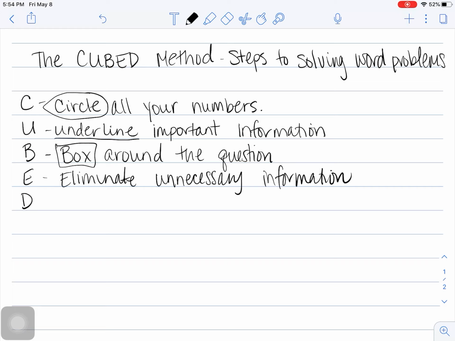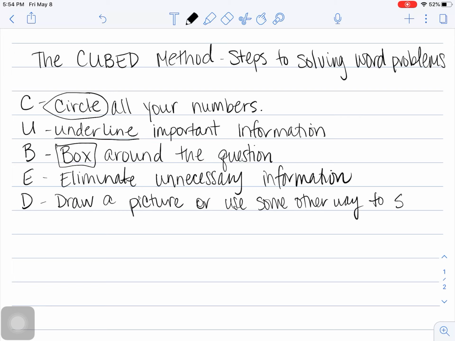And then lastly is D, draw a picture or use some other way to solve.